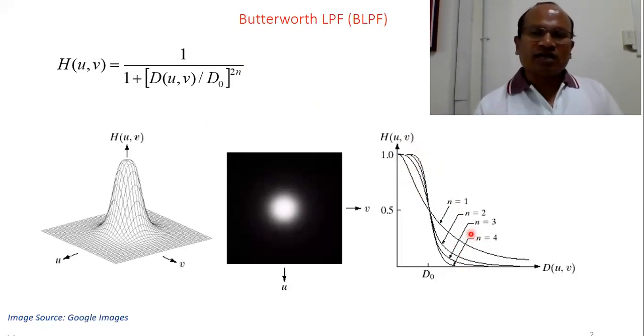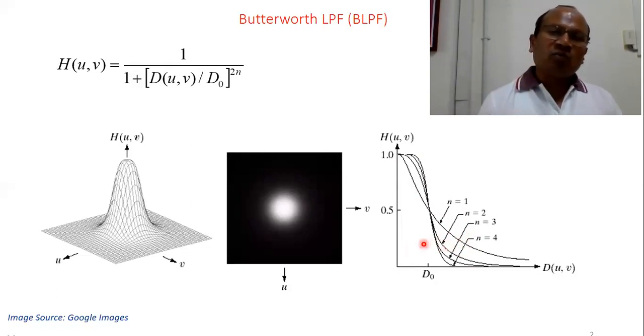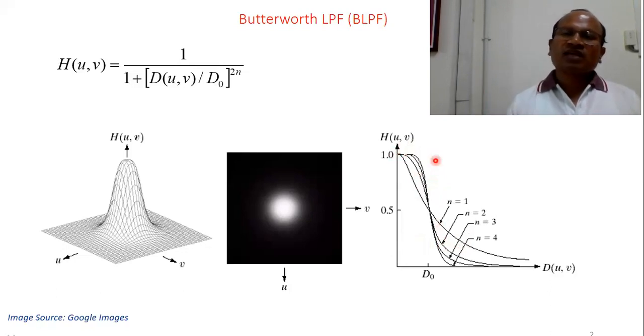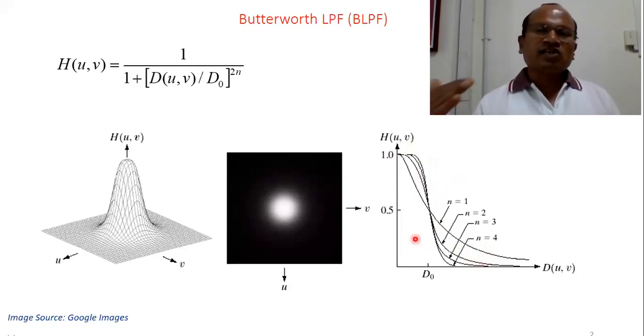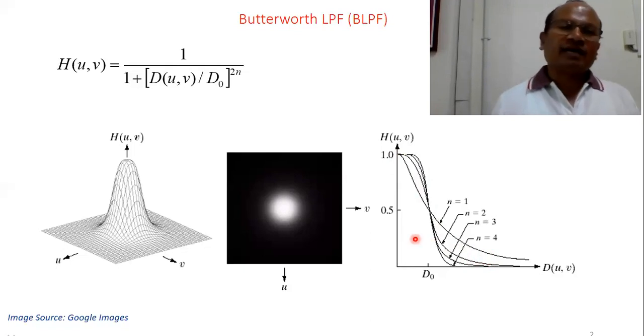When the filter order increases, its nature is reaching towards the ideal low pass filter. See what happens when the ideal low pass filter is plotted: from here to here, there is a sharp cutoff in the transfer function. Here it is not there. But when we increase the filter order, we are reaching towards the ideal low pass filter characteristic.